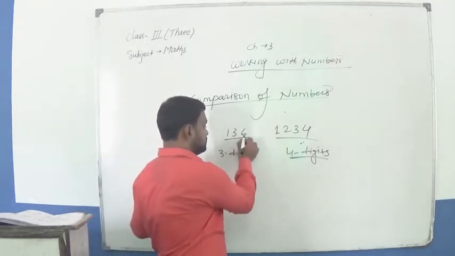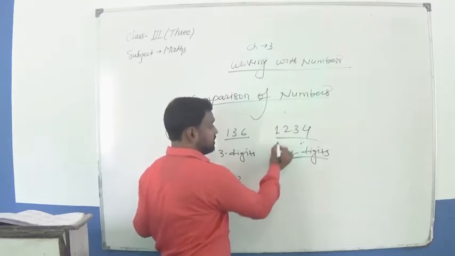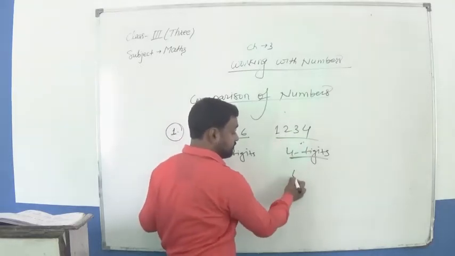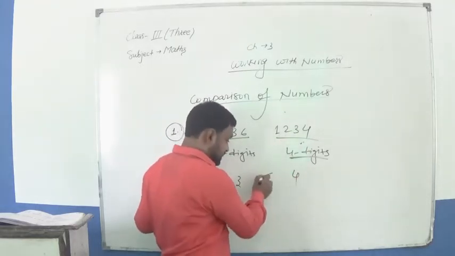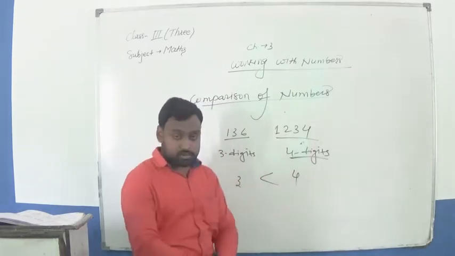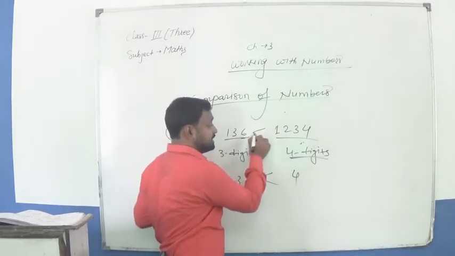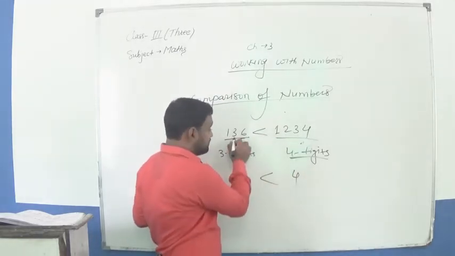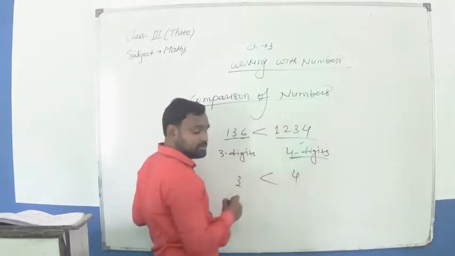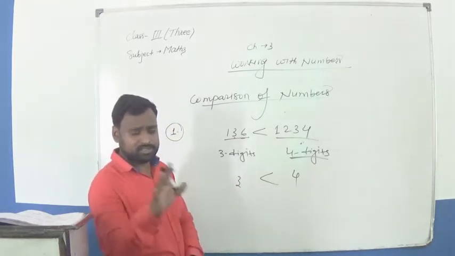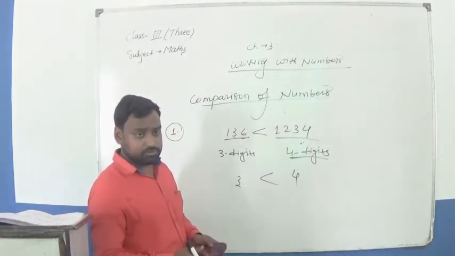Here 1, 2, 3, we have 3 digits. 1, 2, 3, 4, we have 4 digits in this number. 3 is less than 4. That's why 136 is less than 1234. This number is less than this number. Very easy. Once again I am repeating it.